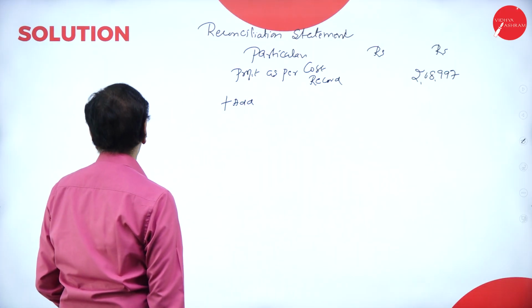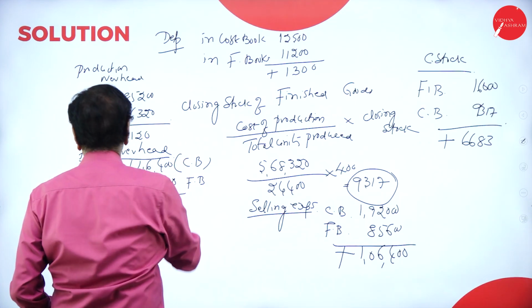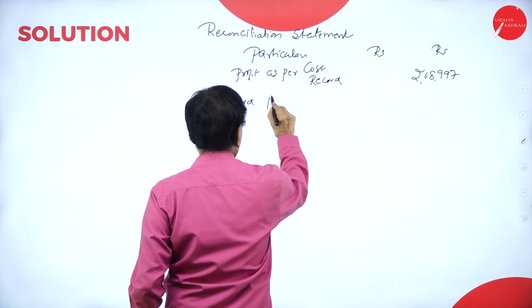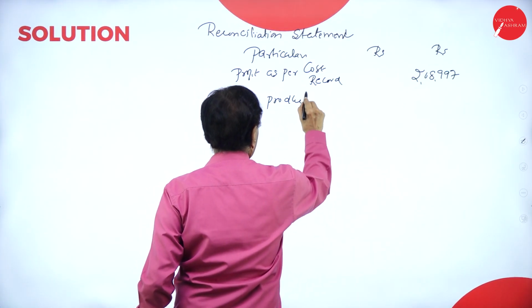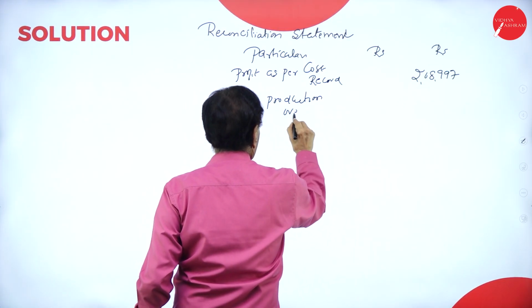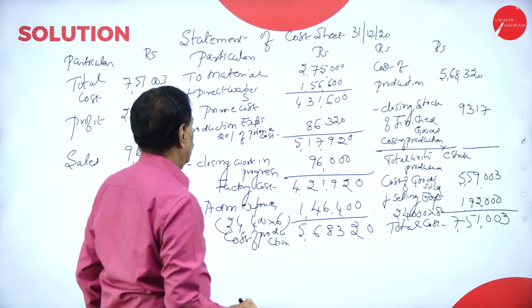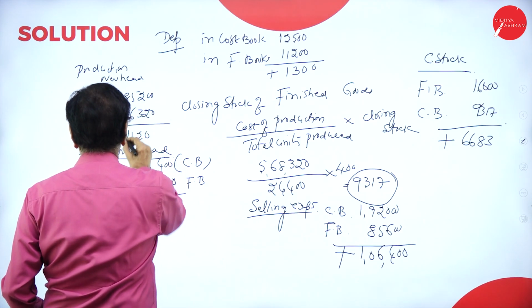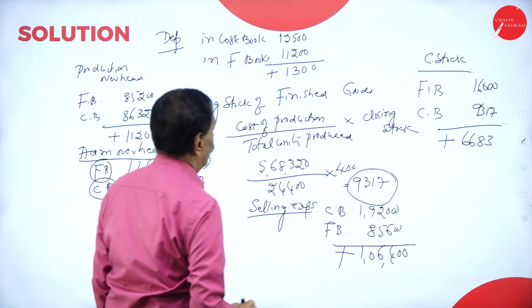Now you have to add. Number one, production overhead: cost book more, 1,120.